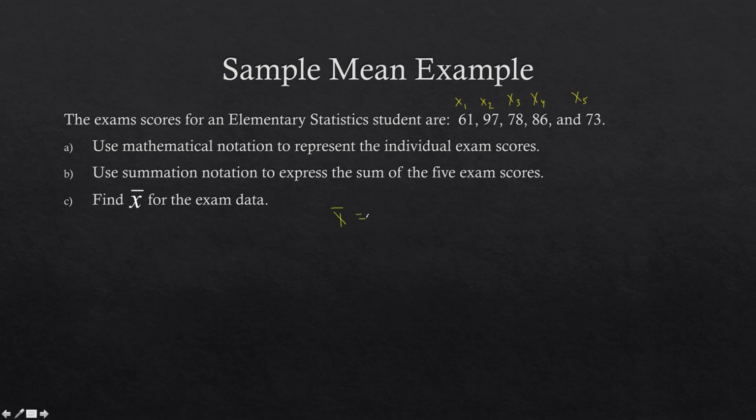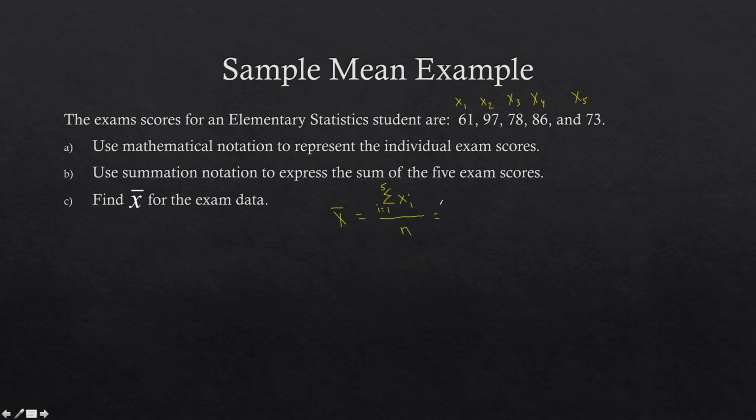I'm going to find x bar, that is our mean, okay? And we would say it's the sum from i equals 1 to 5 of x sub i, all over n. Okay, now what does that mean? So this tells me it's the sum of all the x sub 1, x sub 2, x sub 3, x sub 4, x sub 5, so the sum of all this divided by the sample size.